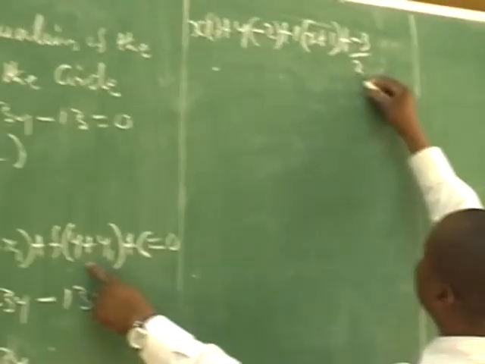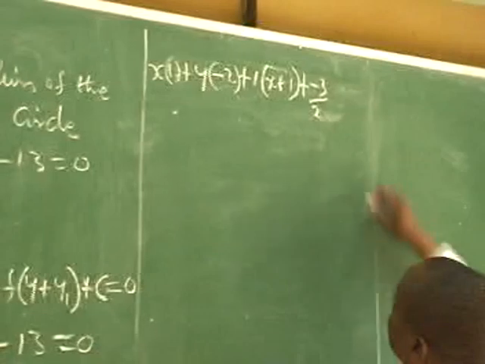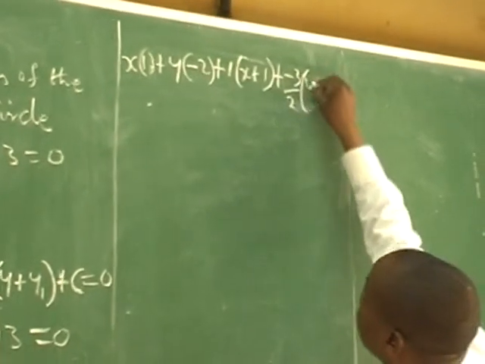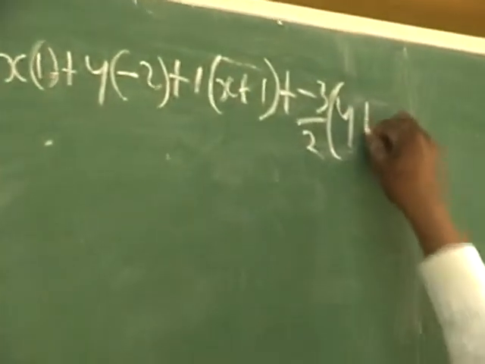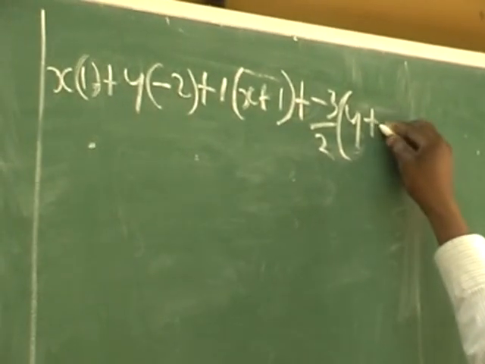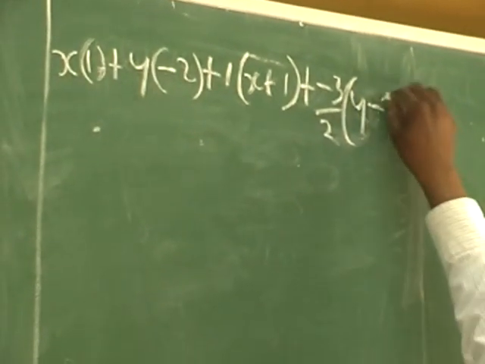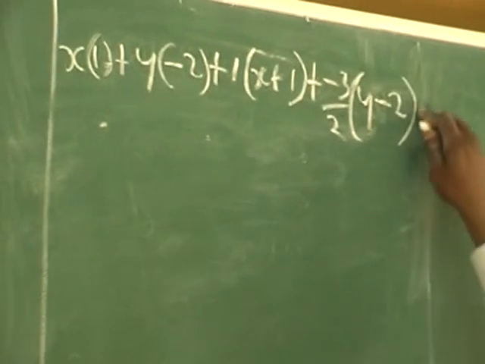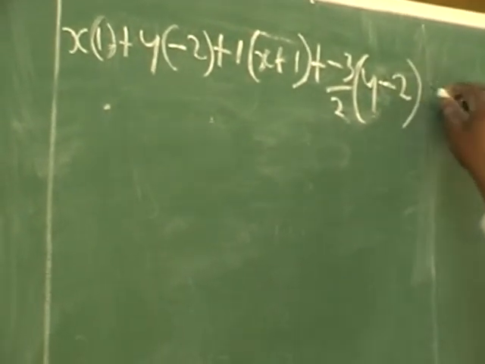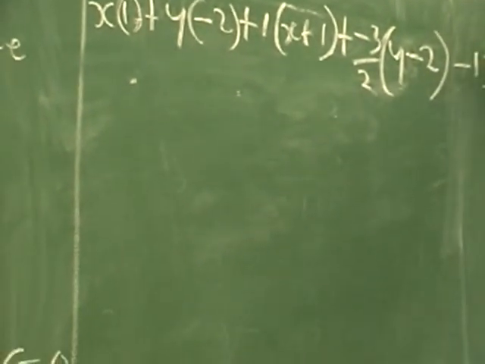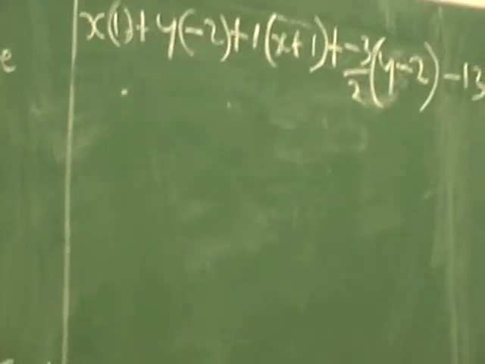Now we have another bracket, bracket y plus y1, of course y1 is minus 2, so I get minus 2 here, plus c, and c is minus 13, is equal to 0. So we can form the equation here.